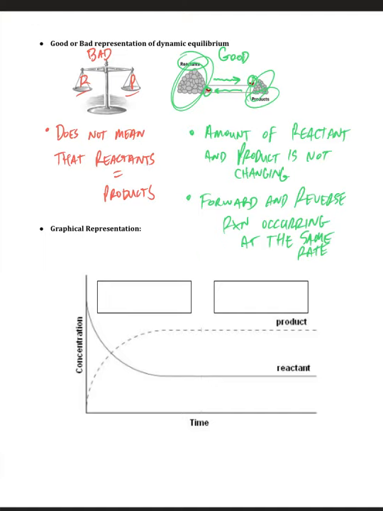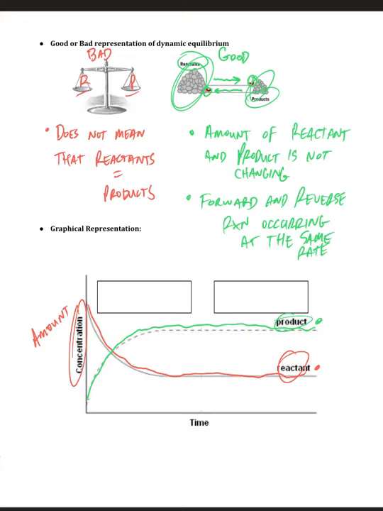So here on the y-axis, we have concentration, and remember another word for that is amount. And let's say that this solid line represents the reactant, and this dotted line right here represents the product. So these are the amounts of product right here, and this is the amount of reactant right here.